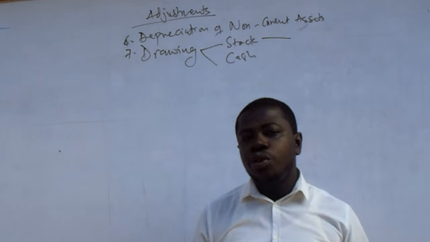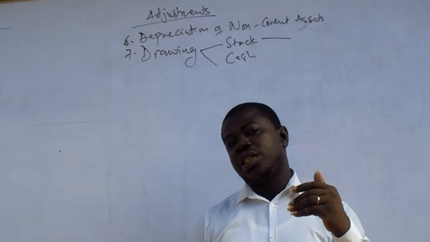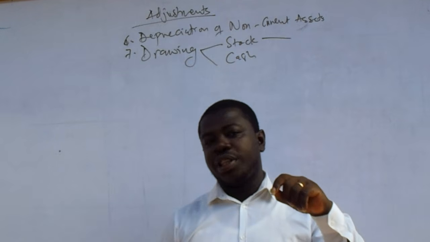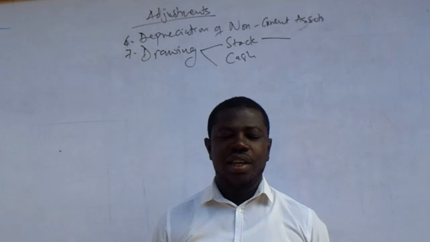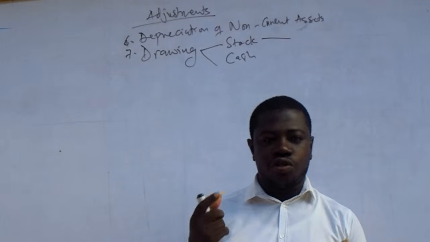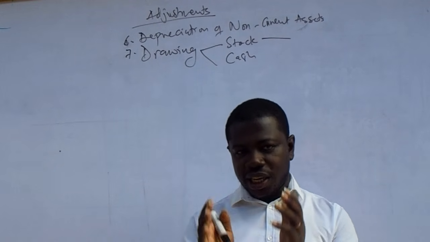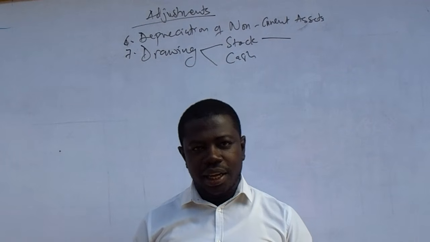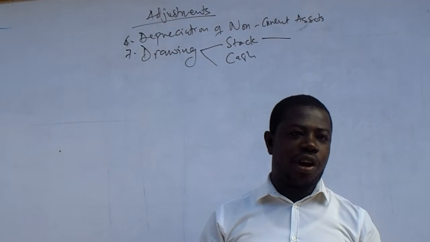And so when we are doing the trading account and we get to purchases, we add carriage inwards, we take out returns outwards, and then we also subtract stock drawings. Now the second treatment is that because it is drawings, it will be taken to the statement of financial position and subtracted from the capital. If you already have drawings in the trial balance, you add it to that drawings before you go and subtract.